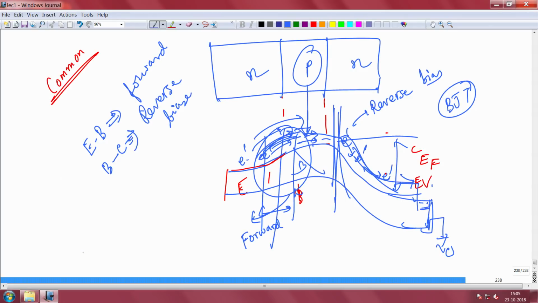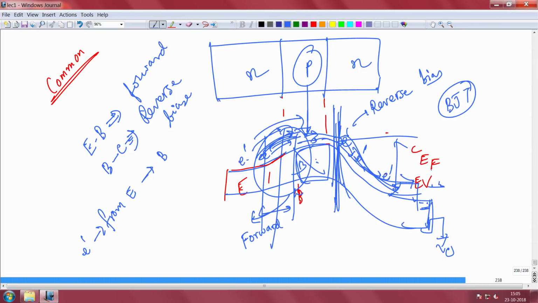So, essentially you are injecting electrons from the emitter to the base, and in the base they will diffuse across. Some of them will recombine because the base has p type concentration. So, holes and electrons will recombine, and some fraction will reach the edge of the base collector junction. As soon as that reaches the edge of the base collector depletion region, it will be quickly swept away and contribute to collector current.